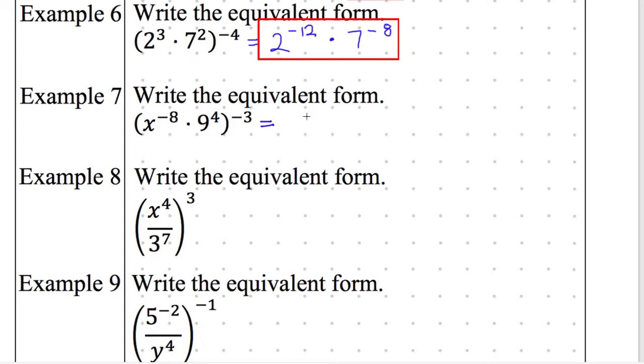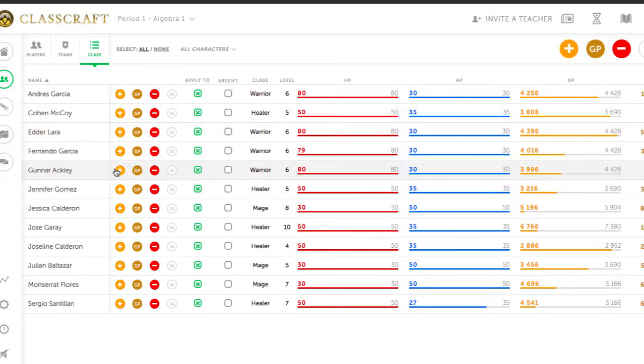It is 24. Is it positive or -24? It is indeed. So we have x to the power of positive 24, then what? -12. There it is. Yeah, thank you, Gunnar. That is one of the equivalent forms that I'm looking for. Gunnar, you got some XP.